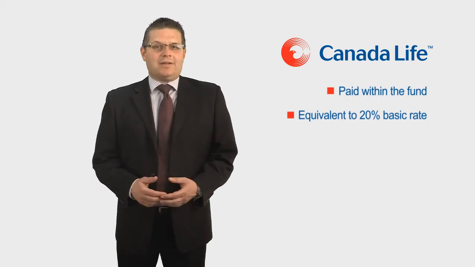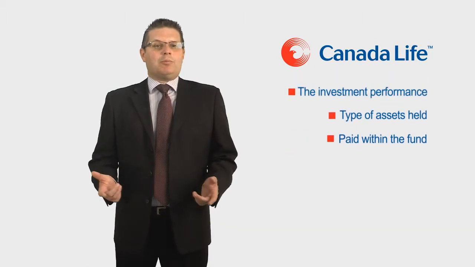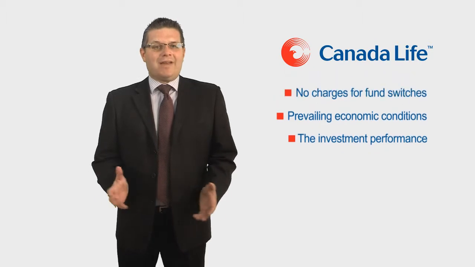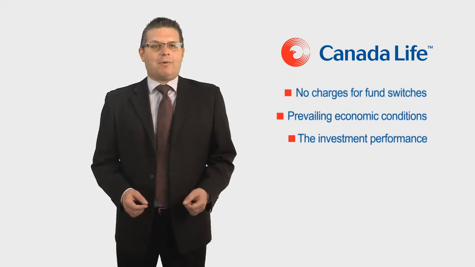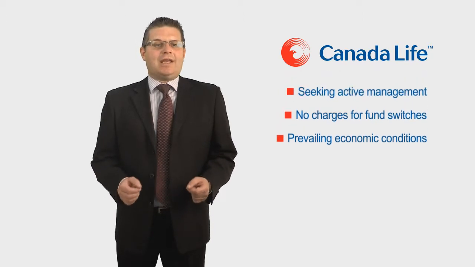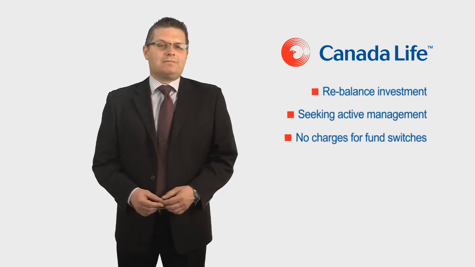The actual tax paid in the fund will vary depending on the type of assets held, the investment performance, and the prevailing economic conditions. Also, no tax charges apply for any fund switches carried out within the bond wrapper when changing the underlying investment. This can favour those seeking active management or who want to periodically rebalance their investment.